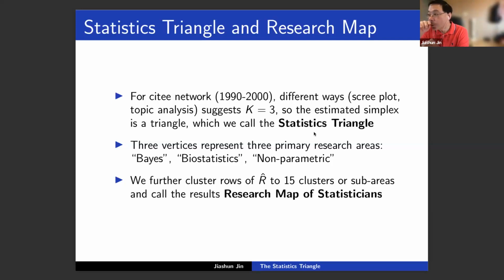Then we look at all those points close to one of the vertices. If a row is very close to one of the vertices, it is regarded as a pure node. We print out all those rows, especially those with high degrees.